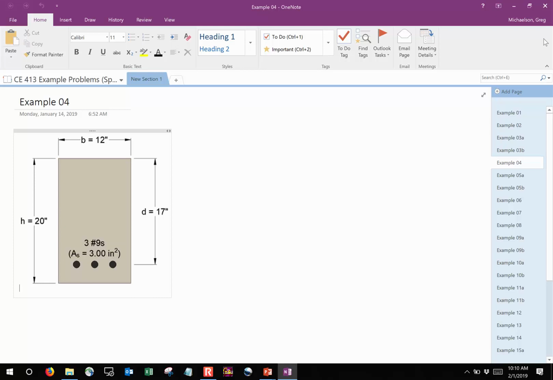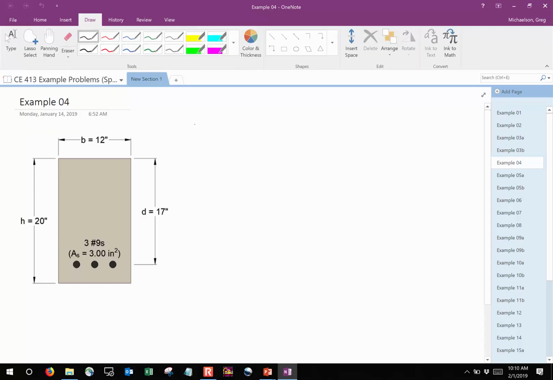Okay, so let's do some basic calcs. So let's see what we can come up with. Now, this beam is subjected to a bending moment of 70 foot kips. So let's do some calcs right off the bat. So first off, let's look at the cracking moment.